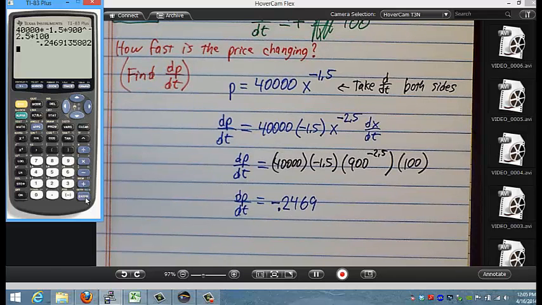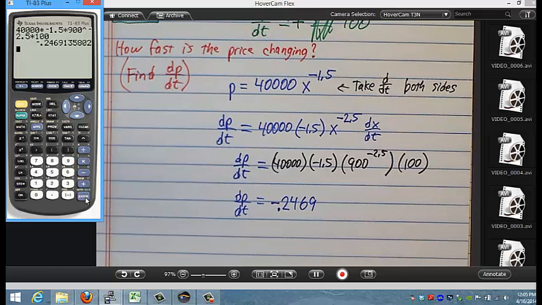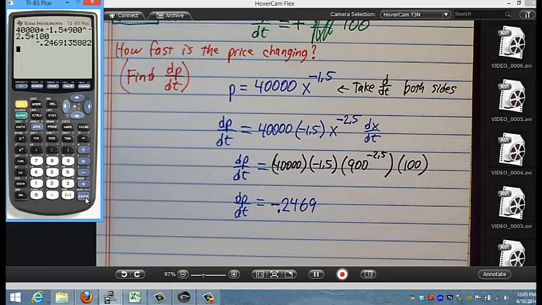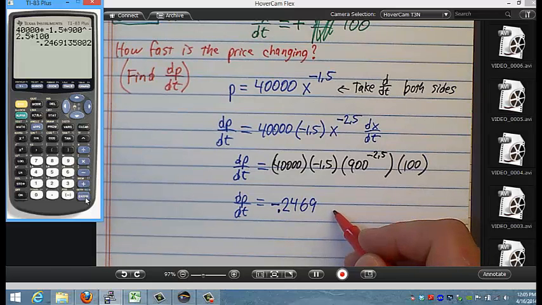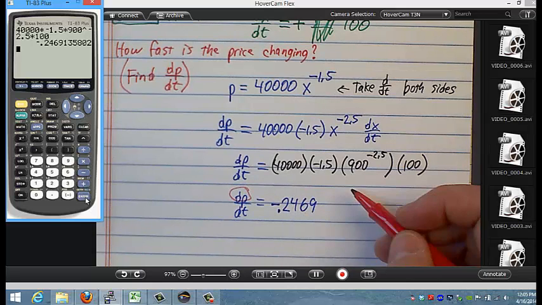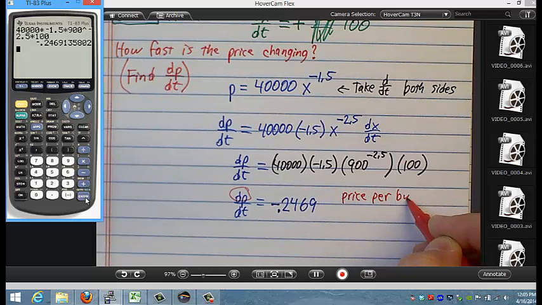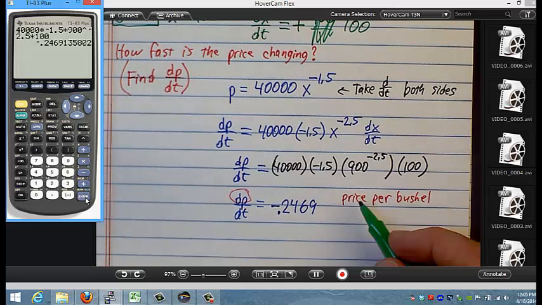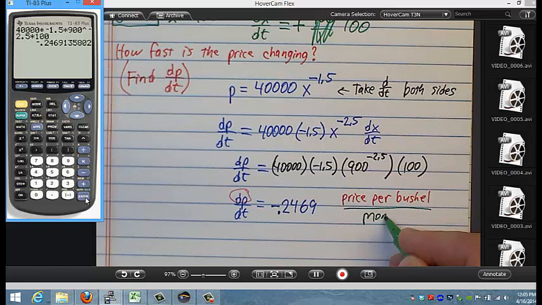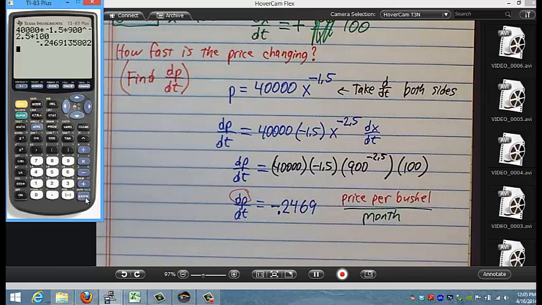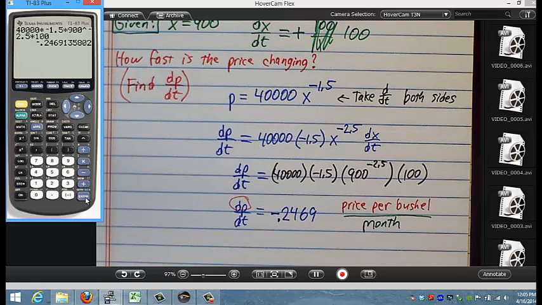So let's come up with how we interpret that. And again, it really has to do with units. What is dt? That's change in time, but what are the units? P is price per bushel. What about t? Time is measured per month. So now let's see if we can interpret what we just read.